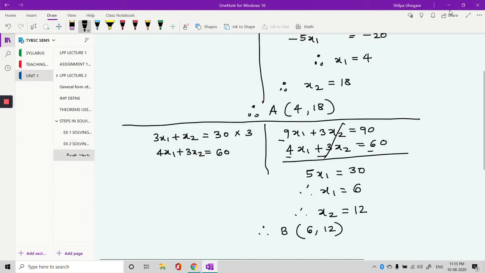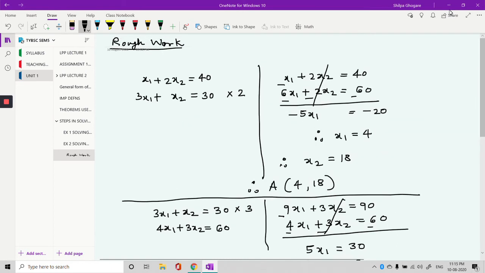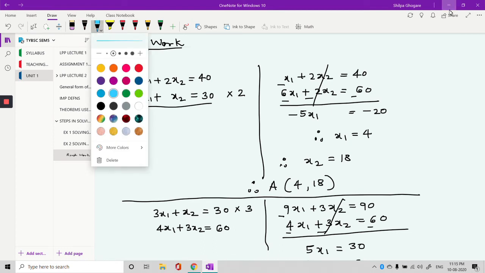I have noted down the two equations which give me the point A. I'm multiplying the second equation by 2, which gives me 6x1 plus 2x2 is equal to 60. Then subtracting gives me this calculation.